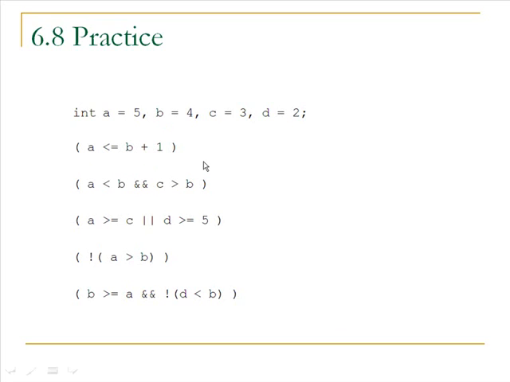Use a printf and say it's true or it's false, and make sure that your answer on paper corresponds to the answer that the machine is getting, and then you will be convinced that you can manipulate expressions that are using the relational and the logical operators. I'm not giving you the answers to these ones. The machine will give them to you when you execute a C program.